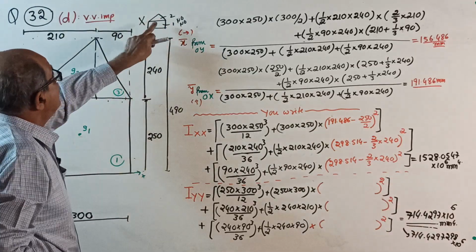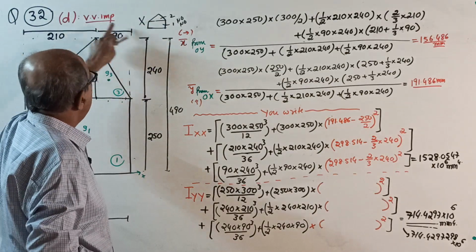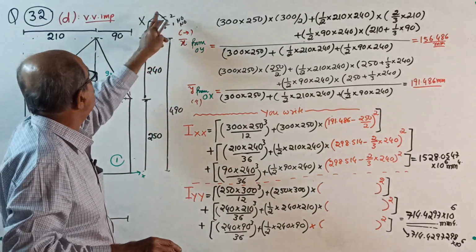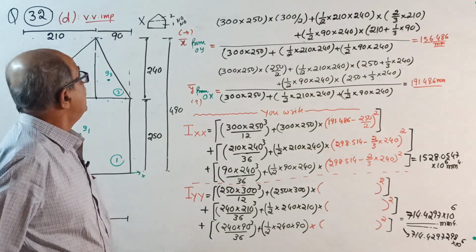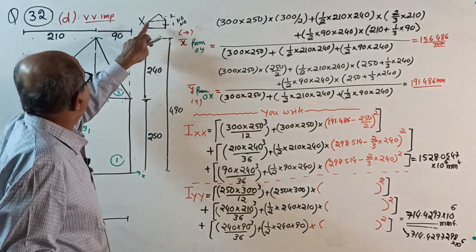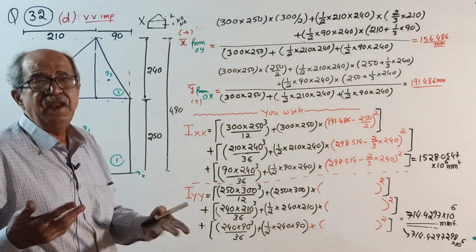So far, this triangle in 32A was a right angle triangle. So happy, no problem. 32B was once again a right angle triangle. So happy. 32C, previous question, was an isosceles triangle. So again no problem.